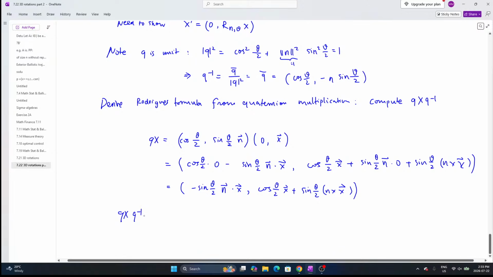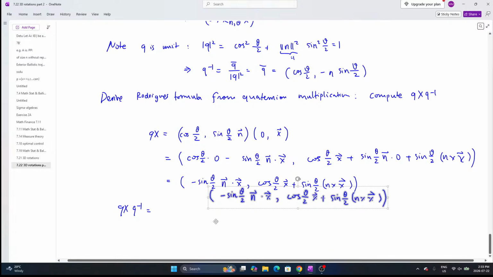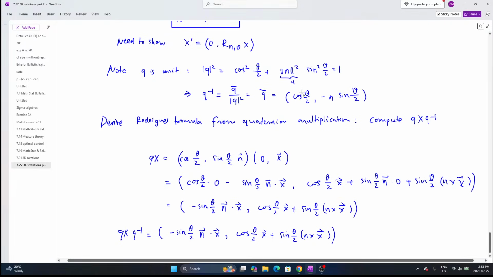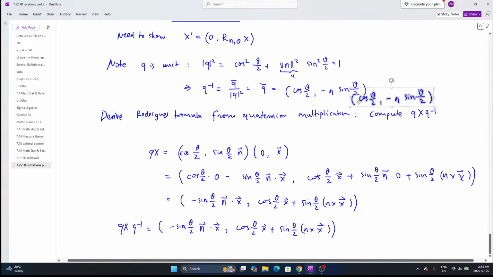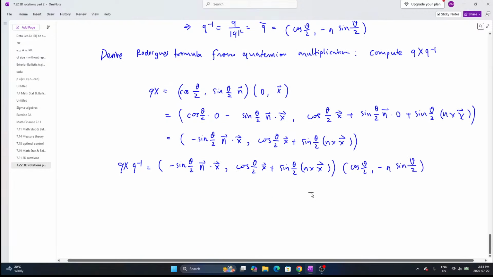So Qx times Q inverse. Put this result here. And Q inverse, as we mentioned, is just Q bar. For a unit quaternion, taking the inverse is just the conjugate.